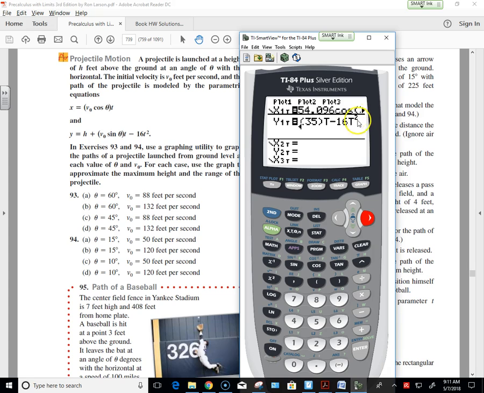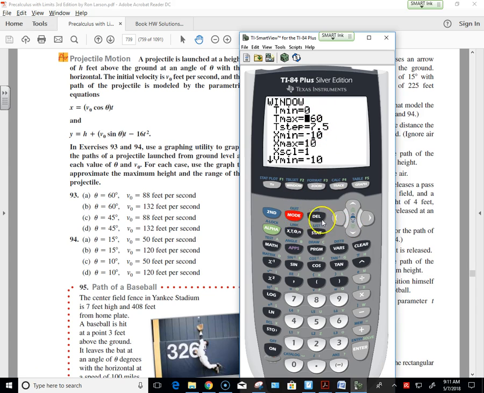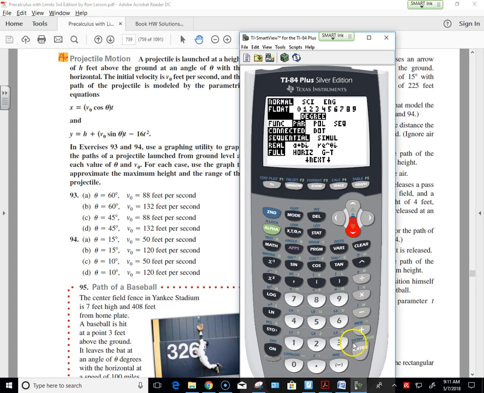Minus 16t squared. Oh, I want it in radian mode. Sorry, not degree. I'm going to switch back. No, because I need degrees for cosine.